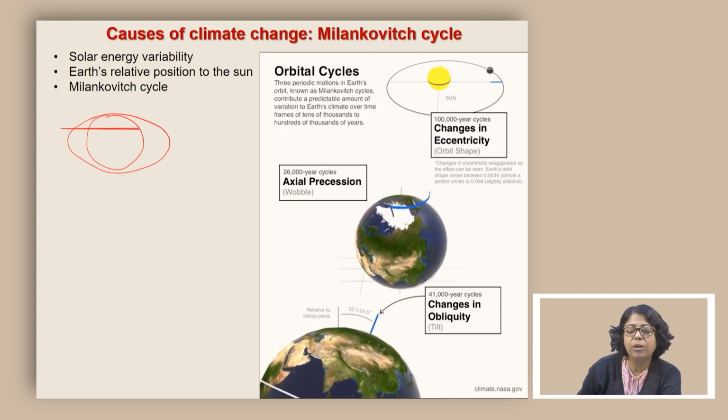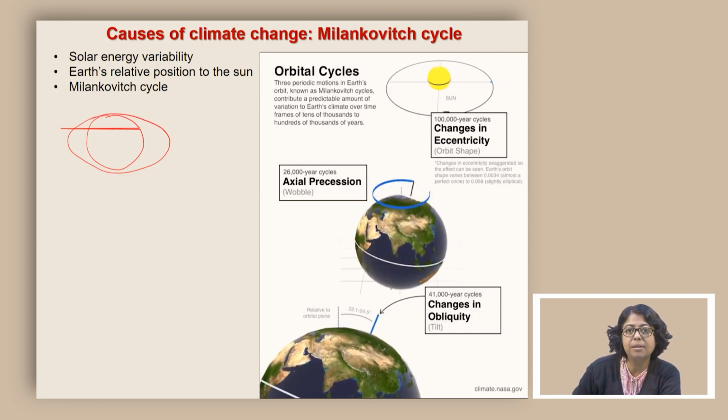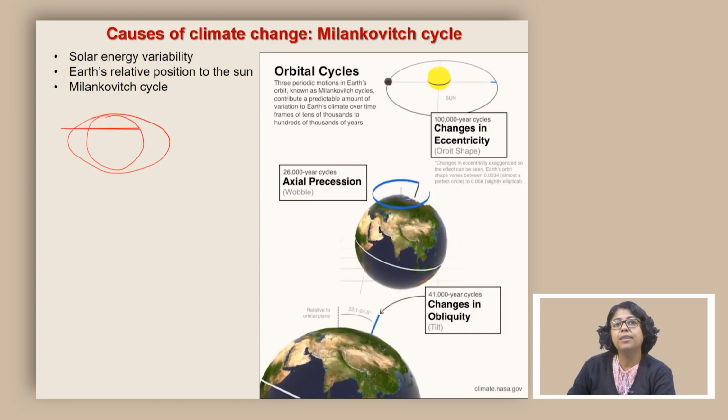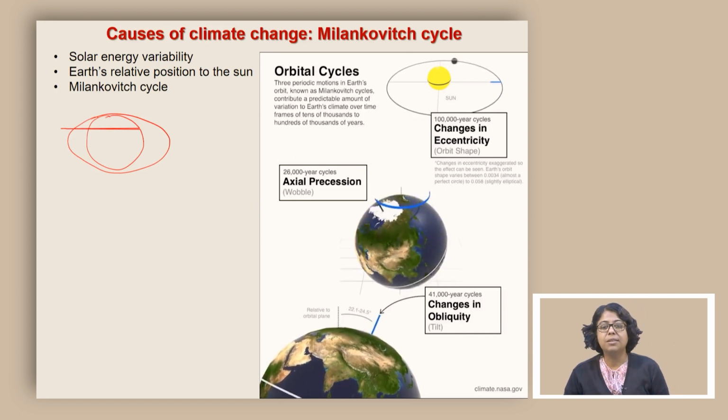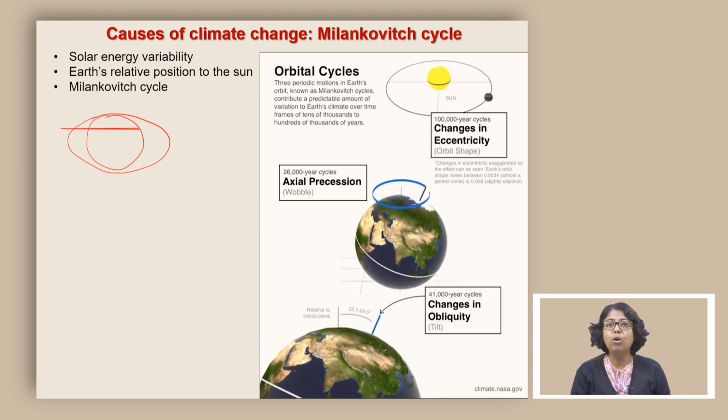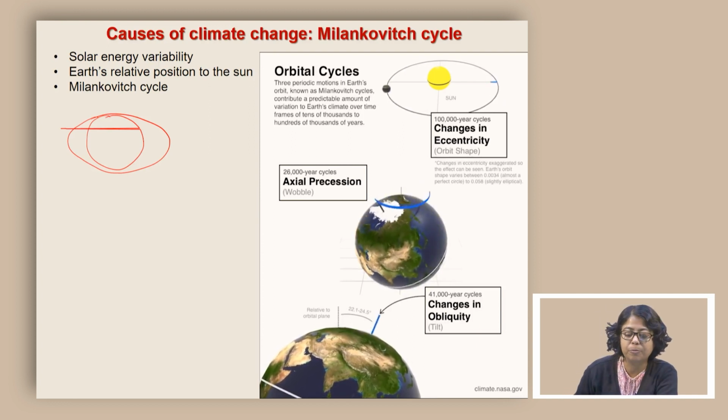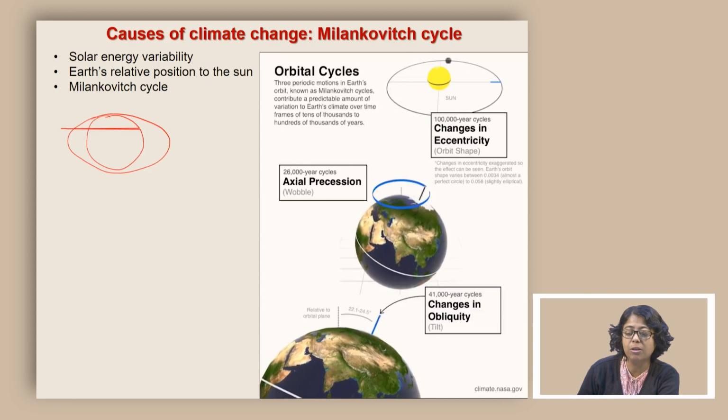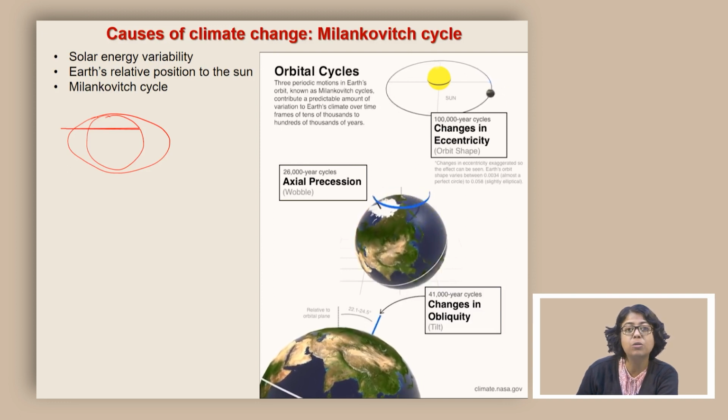And depending on whether it is a complete circle versus elliptical one, we will see a difference in the intensity of the seasons, and the changing intensity of the seasons finally lead to an overall change in the climate, and this has a periodicity of 100,000 years.